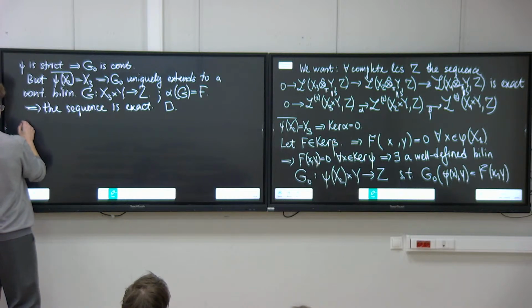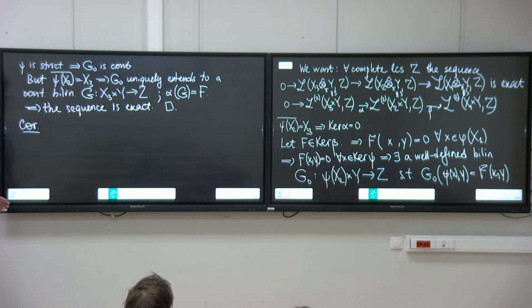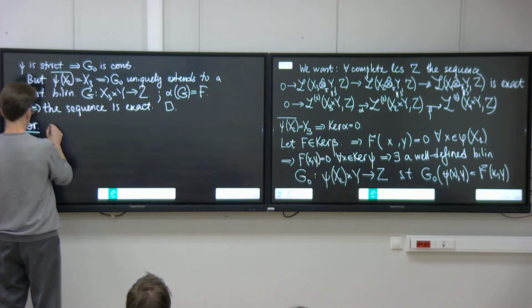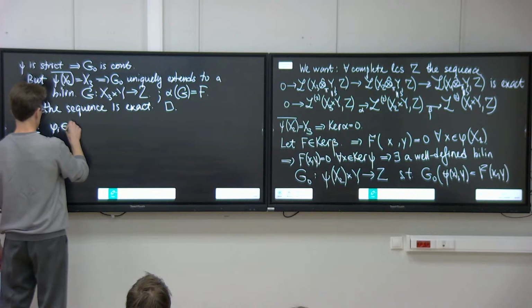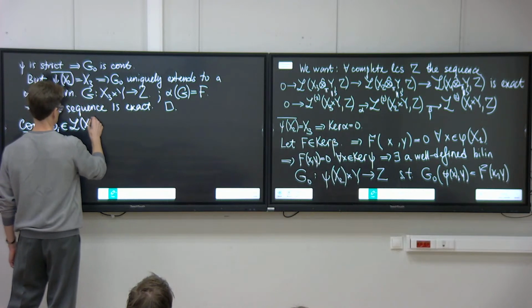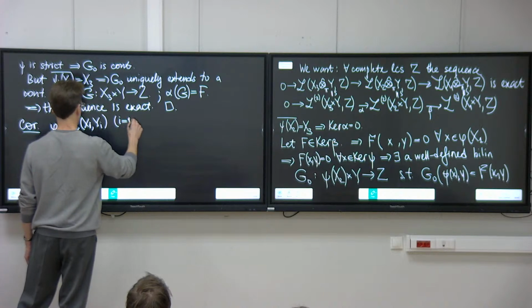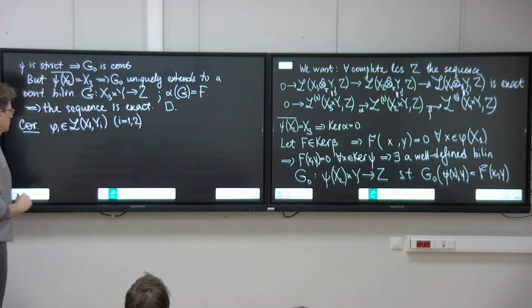A simple but useful corollary looks as follows. Suppose we have two linear maps, phi1 and phi2, from X1 to Y1, and from X2 to Y2.